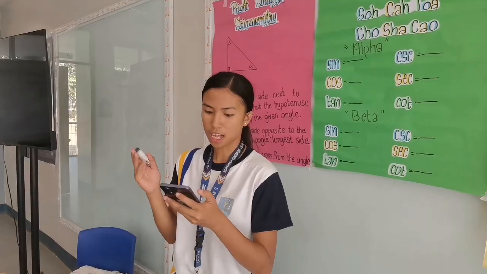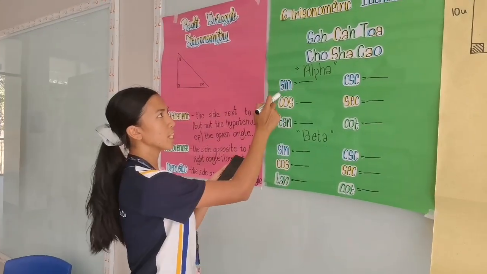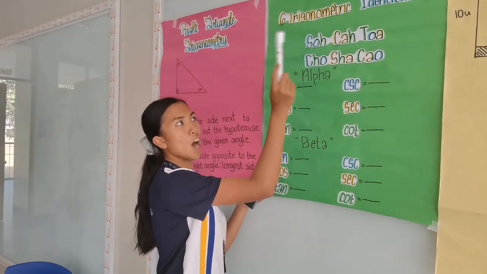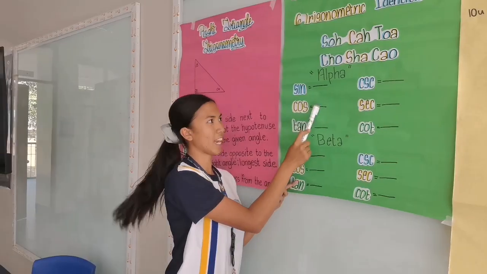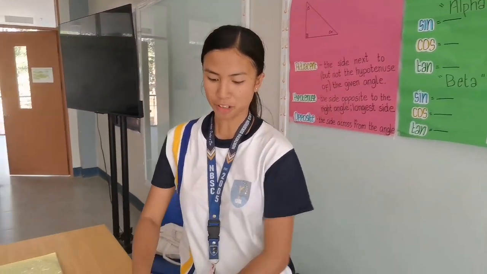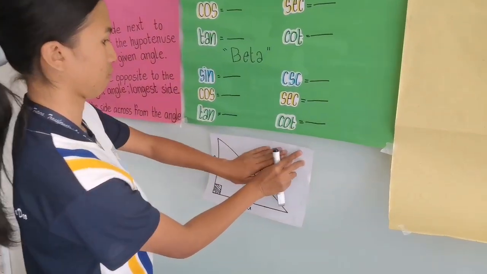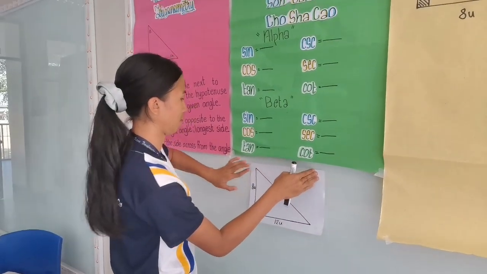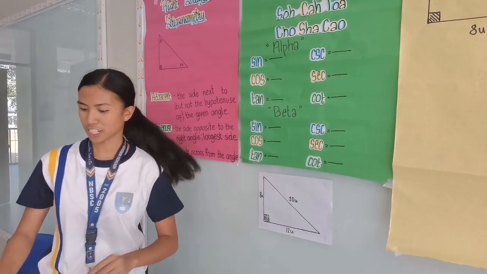To identify the value of sine, we will use the SO. Therefore, we need to find the opposite side and the hypotenuse to get the sine. So here is an example. Here is a triangle.